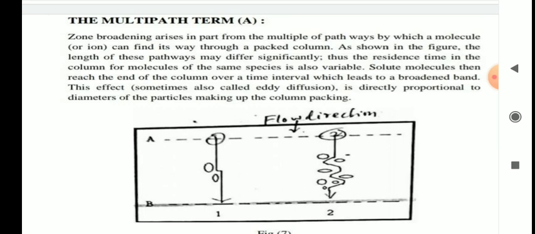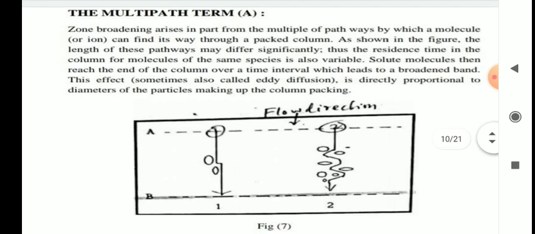There are two molecules shown, molecule 1 and molecule 2. These molecules will travel through the column. Now the path taken by molecule 1 and the path taken by molecule 2 are different because they will encounter the stationary support in the column according to the size of the particles of the stationary support.